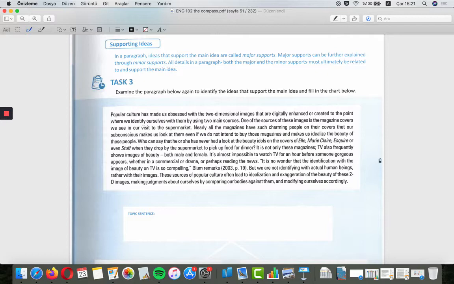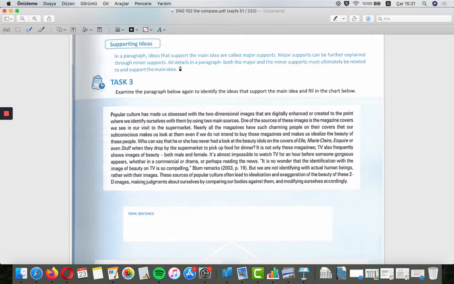It says, in a paragraph, ideas that support the main idea are called major supports. Major means big, okay? Major supports can be further explained through minor supports. Minor means small. So you can support your major support with smaller supporting ideas.